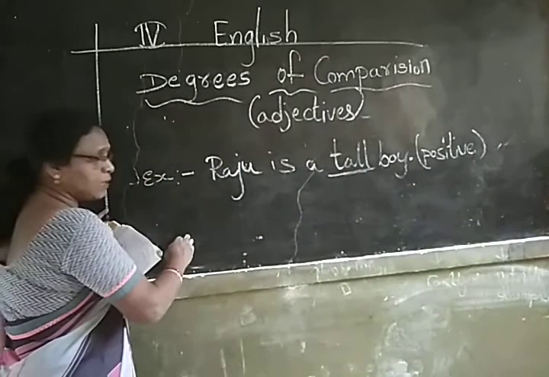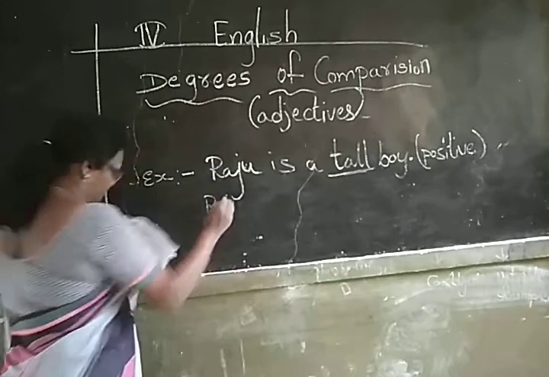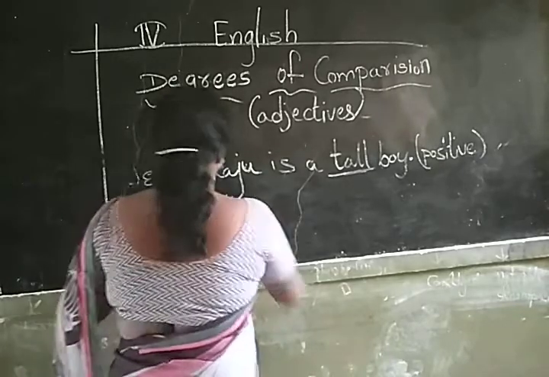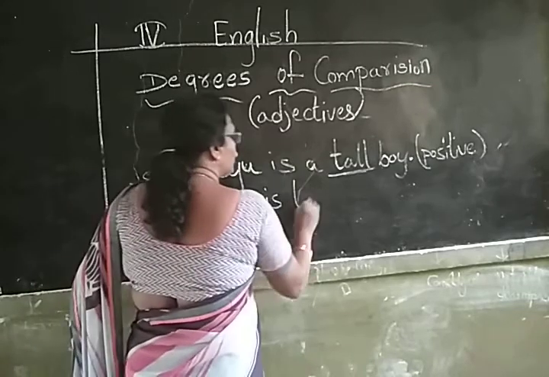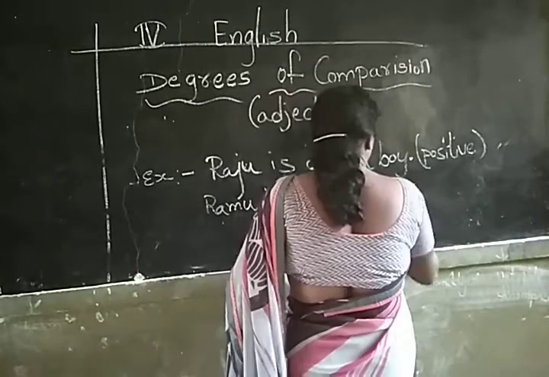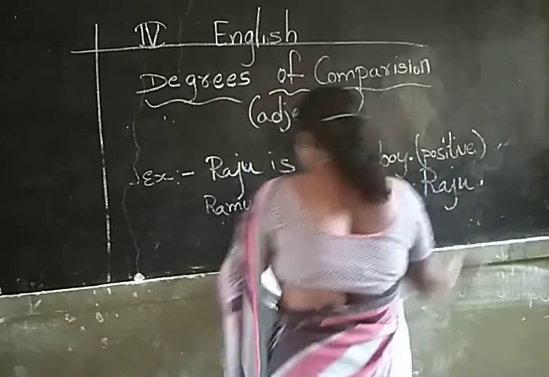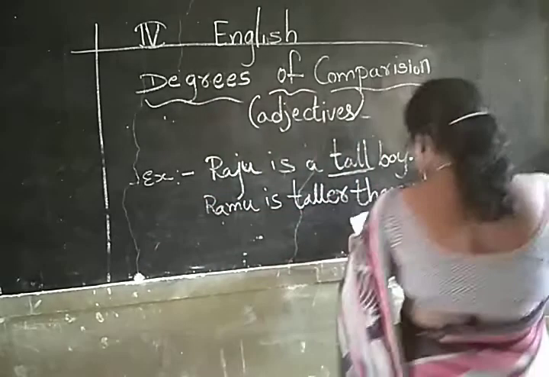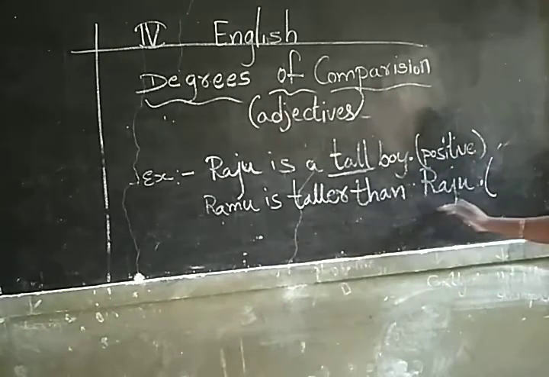Coming to the next sentence: Ramu is taller than Raju. This is your comparative degree, because I have compared Raju with Ramu.